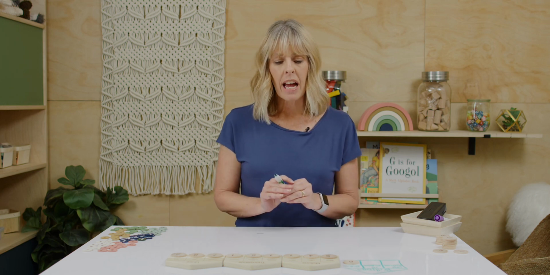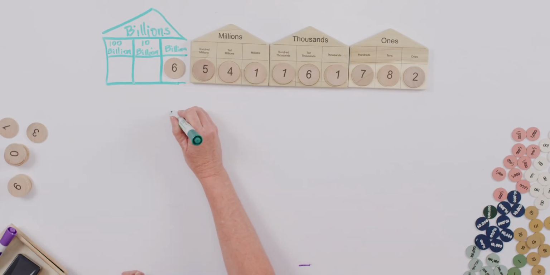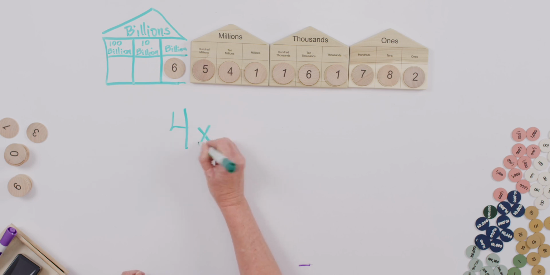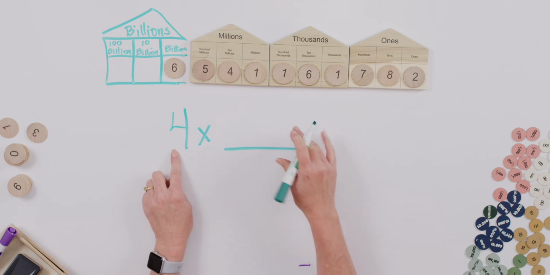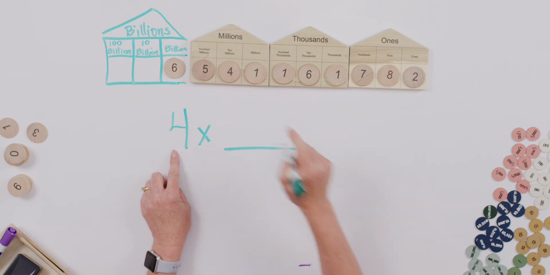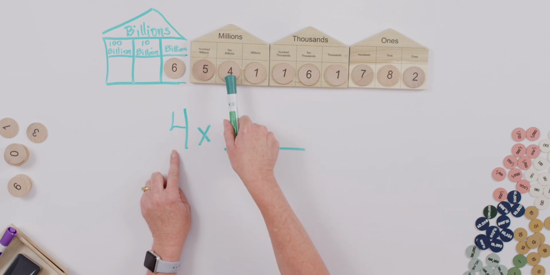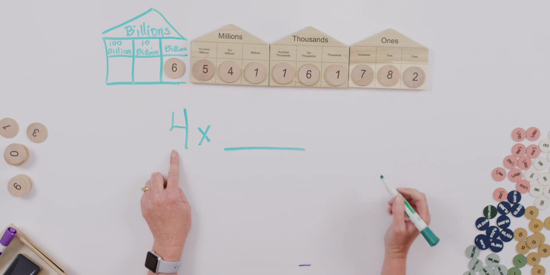Now, if I said 4 was in our 10 millions place, and I asked you, that would equal 4 times what? What would we multiply by our 4 for it to equal 40 million? So 4 is in our 10 million, so 4 tens, 4 10 million, or 40 million.